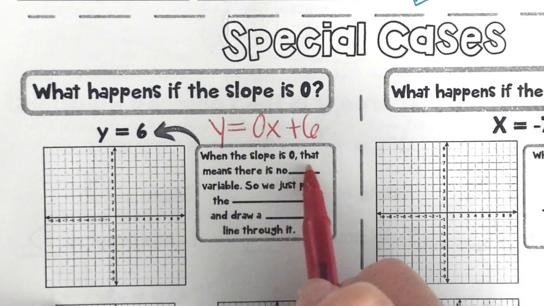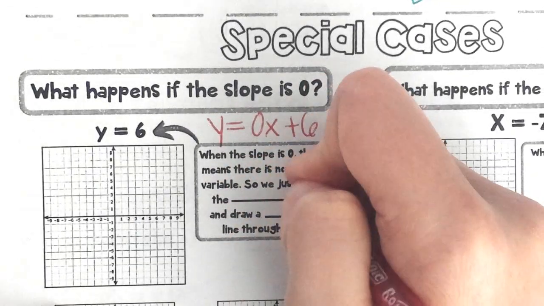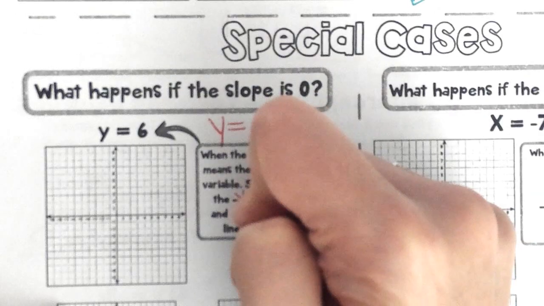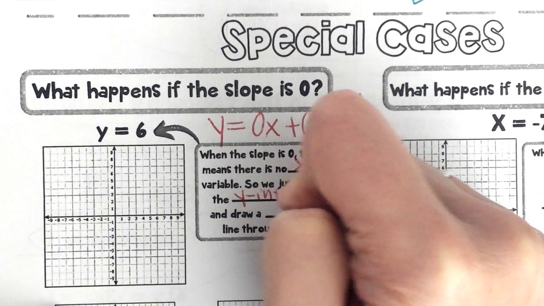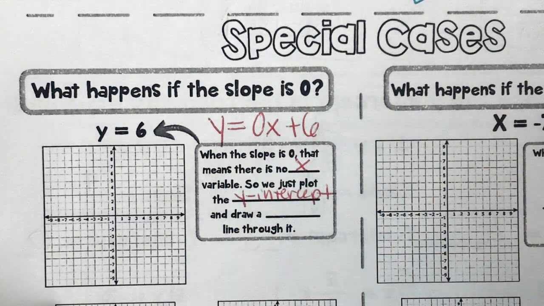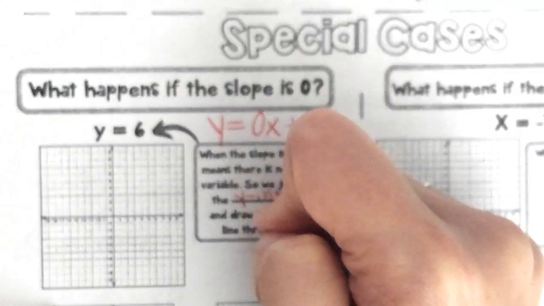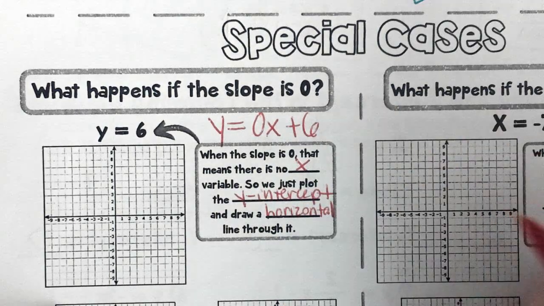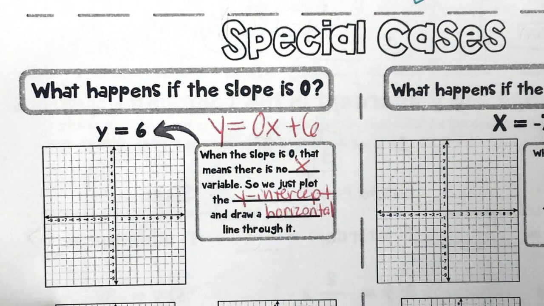So it says when the slope is 0, that means there is no x variable. So we just plot the y-intercept and draw a horizontal line through it. Can you show me with your arms what way is horizontal?